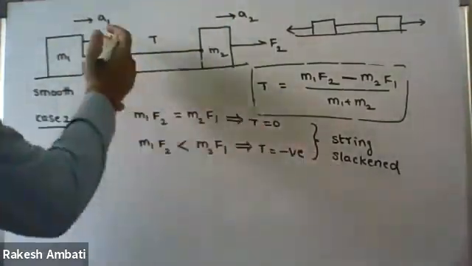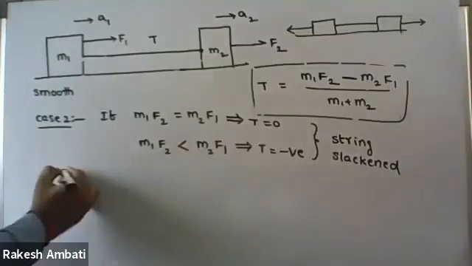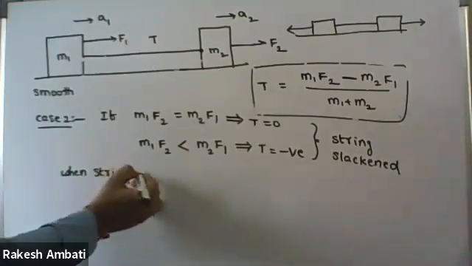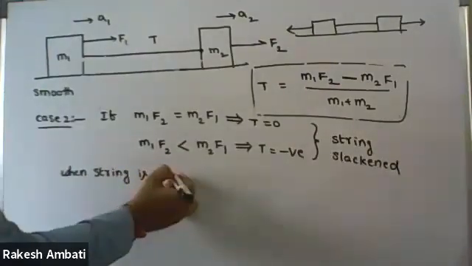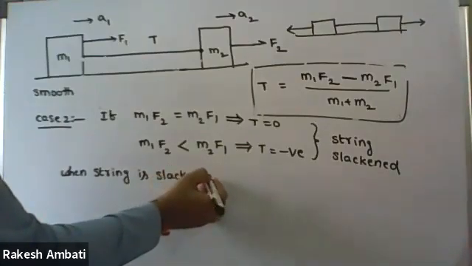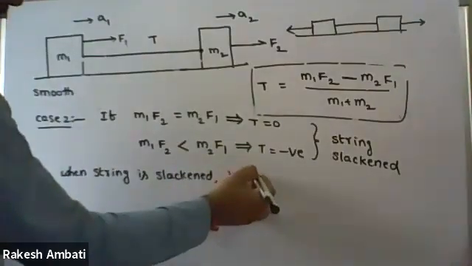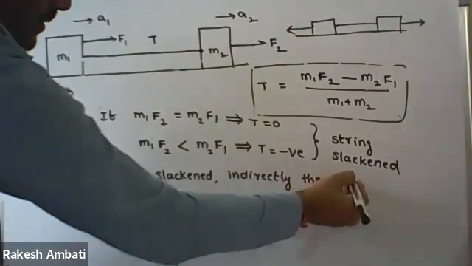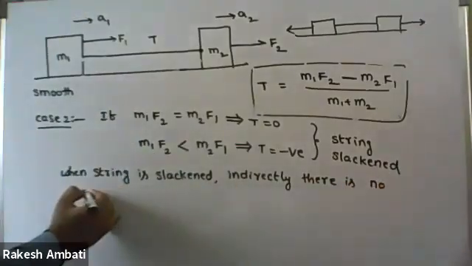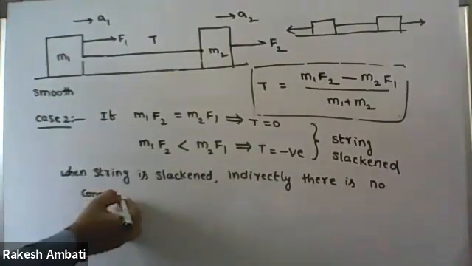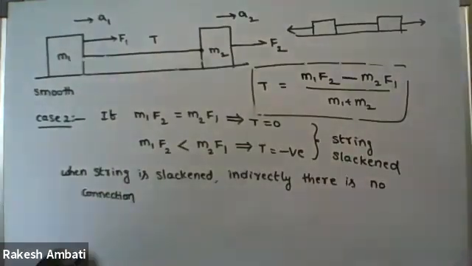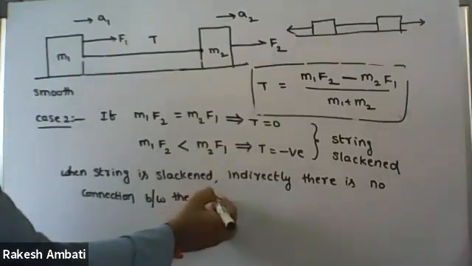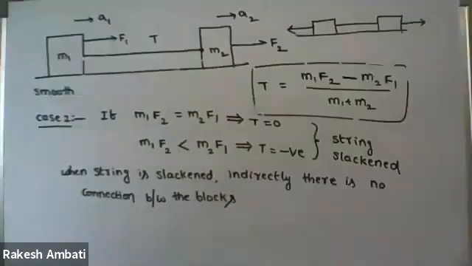If the string is slackened, write down: when the string is slackened, indirectly there is no connection between the blocks.